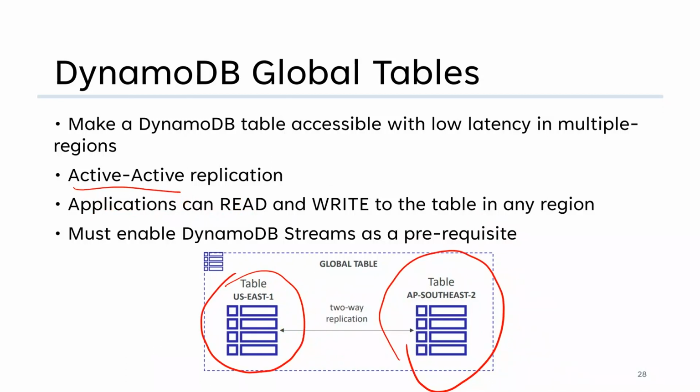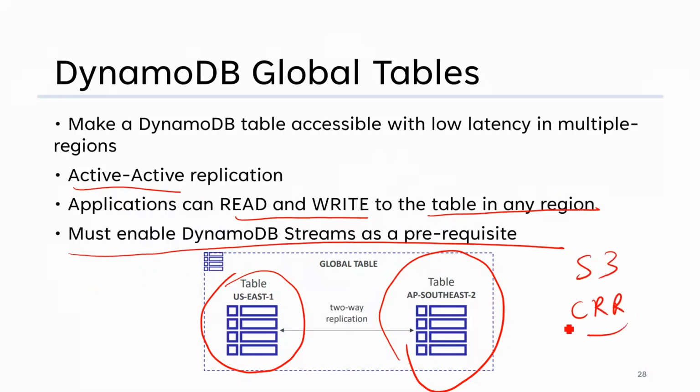So it is a two-way replication. The application can read and write to the table in any region. You must enable DynamoDB Streams as a prerequisite. That is a prerequisite. You can compare this with S3 cross-region replication, S3 CRR, if you have learned about it. Otherwise we are going to cover this in a separate video in the S3 section.